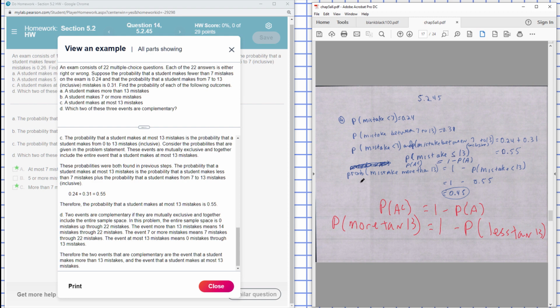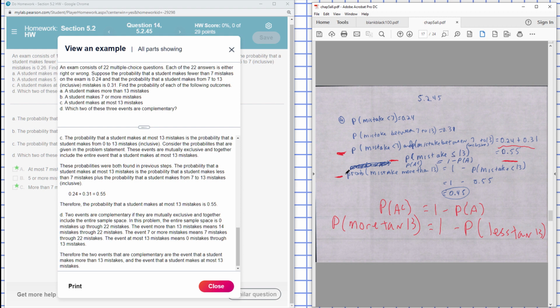So what I did here was I added the two probabilities together, less than 7 and then between 7 and 13 inclusive. So the probability that the number of mistakes is less than or equal to 13 is going to be right here, 0.55. Then I apply that complement rule here.